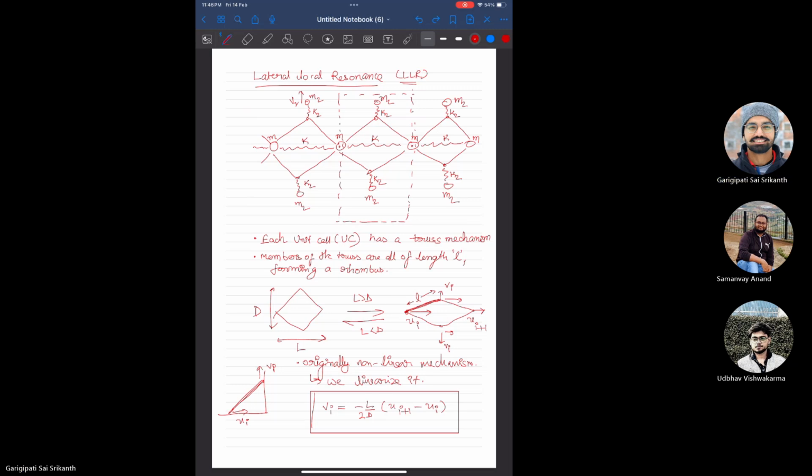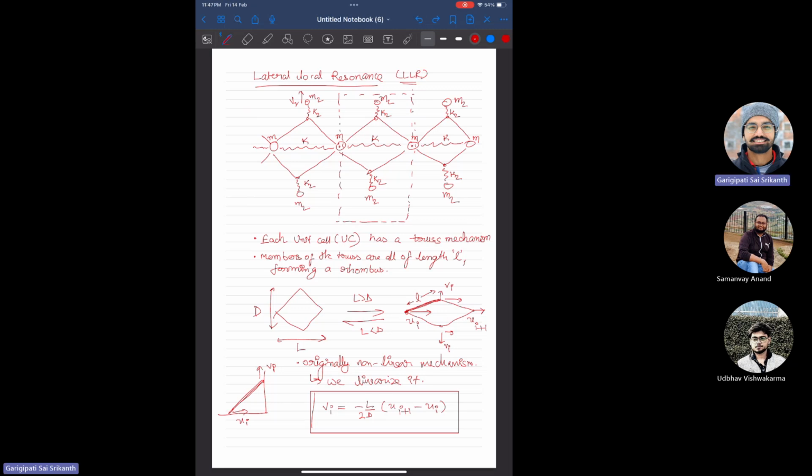So in a way, it's assumed that if the top of the truss moves horizontally, M2 also moves with it horizontally somehow.